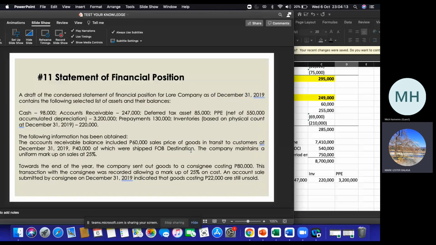Di ba FOB destination, nasa atin pa yung inventoriable pa sa atin. Okay? So therefore, ibabawas natin yung 40,000. Tama ba? Alright? Yung 40,000 na yon, kung anong mangyayari doon sa 40,000 na yon, class. Ibawas kasi hindi pa natin AR yon, di ba?